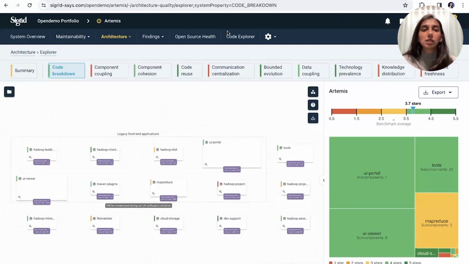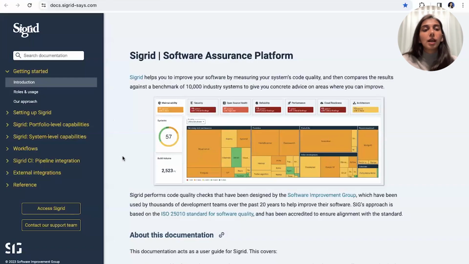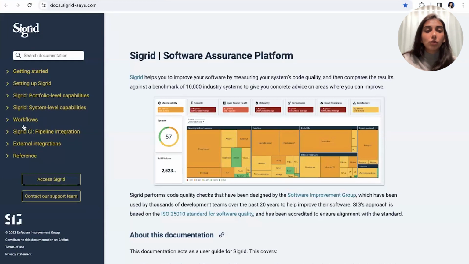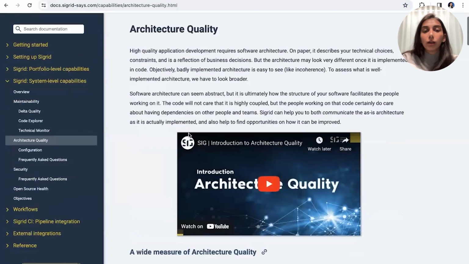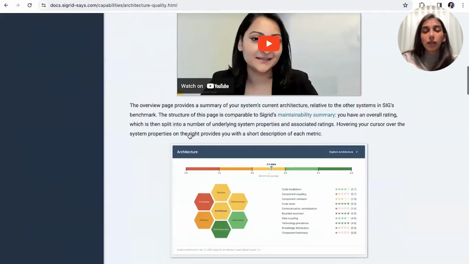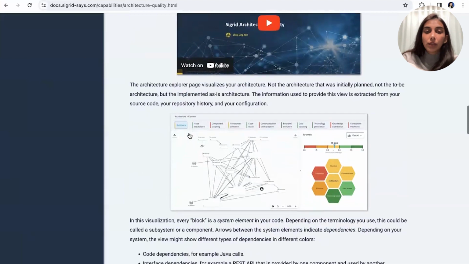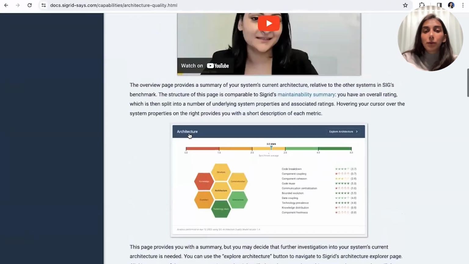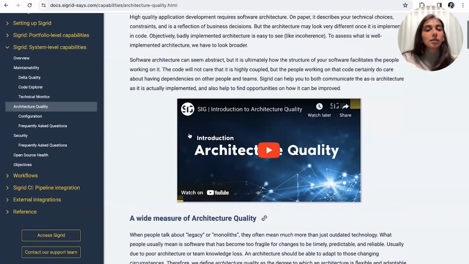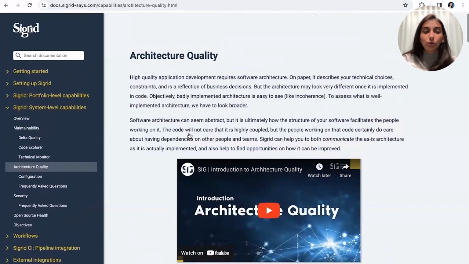If you go to this, it leads you to this documentation page. In this documentation page, you can search about, of course, architecture quality, and you can read through what is there, what it means. And there are quite some nice videos that we have made with special cases as to, if you're an architect, what should you do about it, where should you dive in.